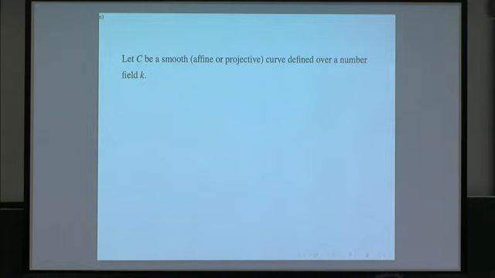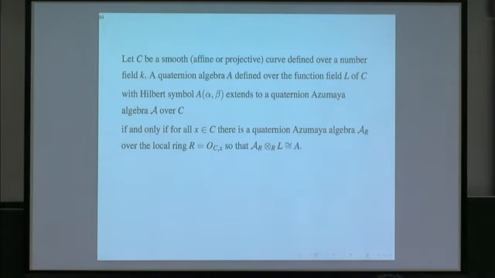So again, you probably don't really want to see much of this, but anyway, if you have this Hilbert symbol that we've got back there, it defines an Azumaya algebra over the curve if for every point on the curve you can get a quaternion Azumaya algebra locally, so that when you tensor up over the function field, you get back to the A that you start with.